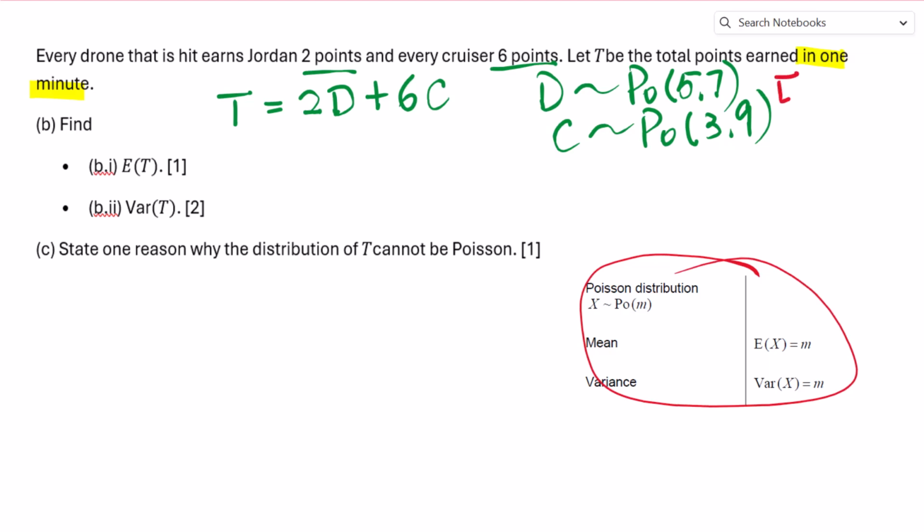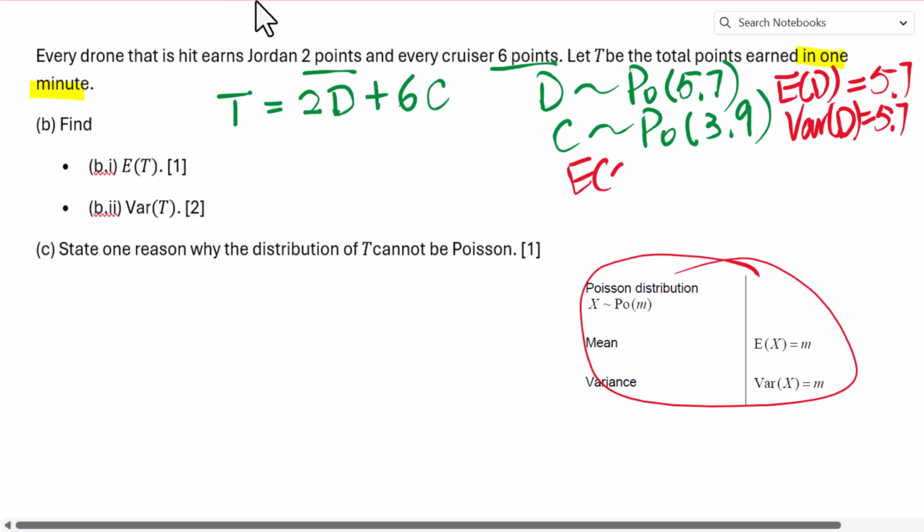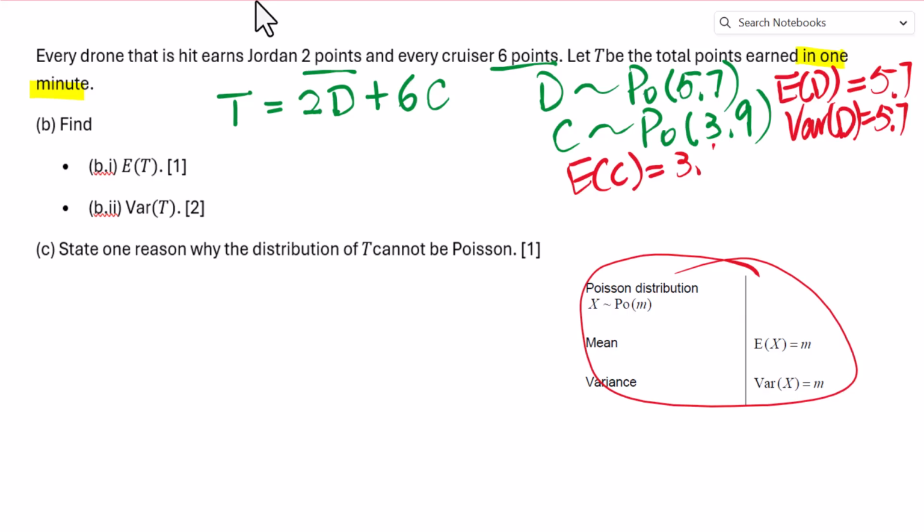Therefore, E of D equals 5.7. Variance of D equals 5.7. E of C equals 3.9. Variance of C equals 3.9.